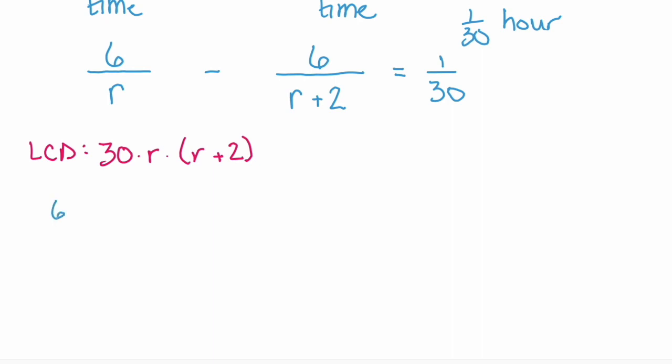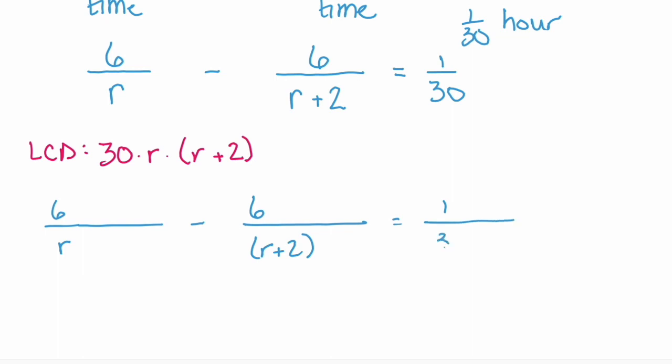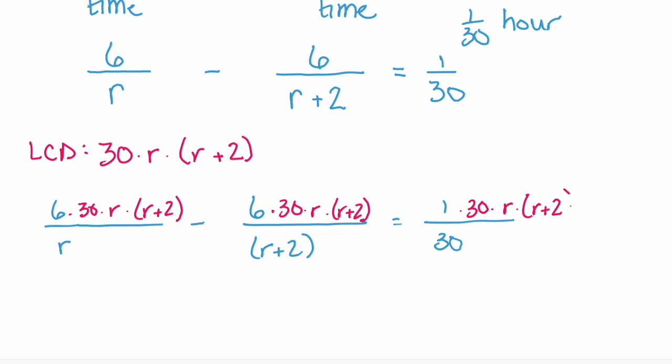Then we're going to take our given rational expressions, rewrite them, and multiply each of those by that new LCD, which is 30 times r plus 2. And we don't need to expand it just yet because our goal is to simplify these rational expressions and totally get rid of the fractions.